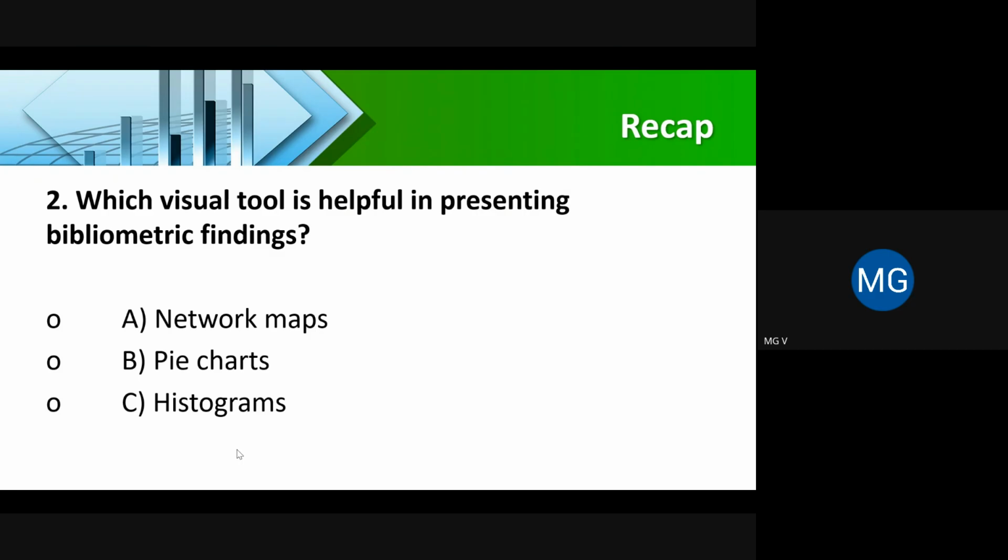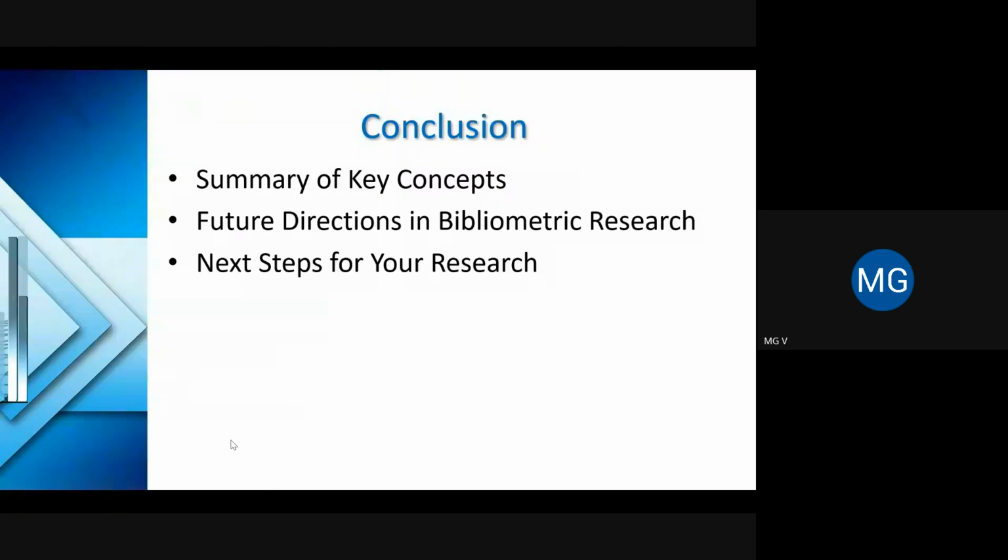We are able to write. Expression matters a lot. Which visual tool is helpful in presenting bibliometric findings? Network maps, pie charts, or histograms? Which visual tool? Yes, it is network maps.